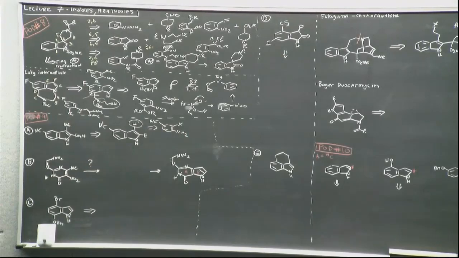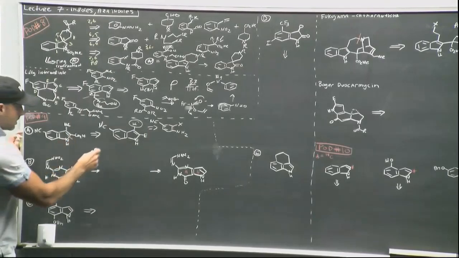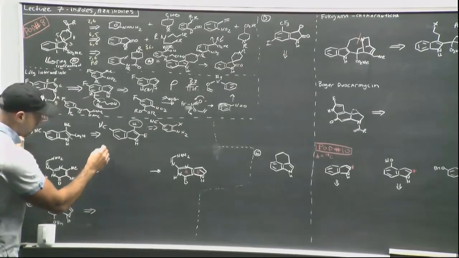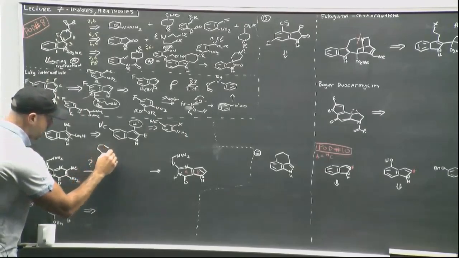But another way to look at this would be to break this bond and then think about it. It's similar to a Leimgruber-Batcho, but more appropriately called a Reissert reaction.